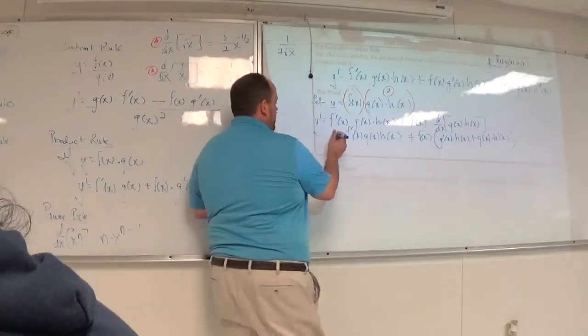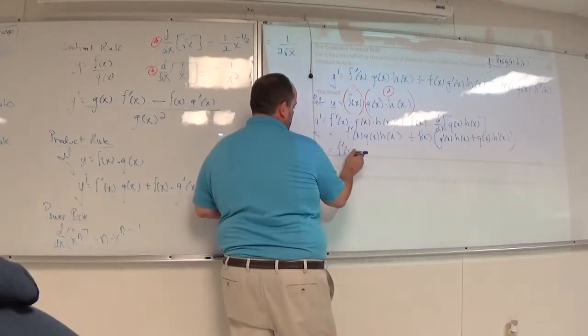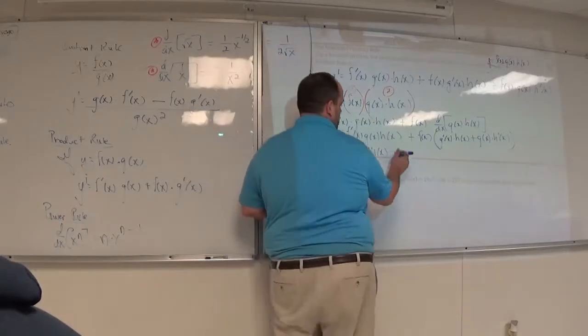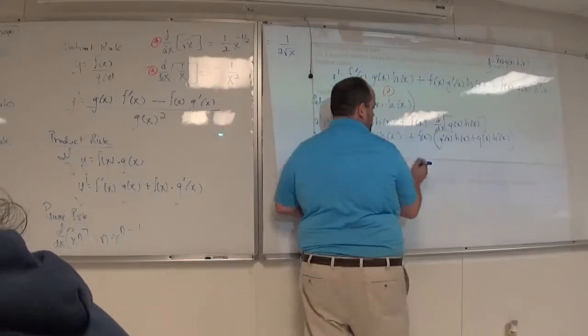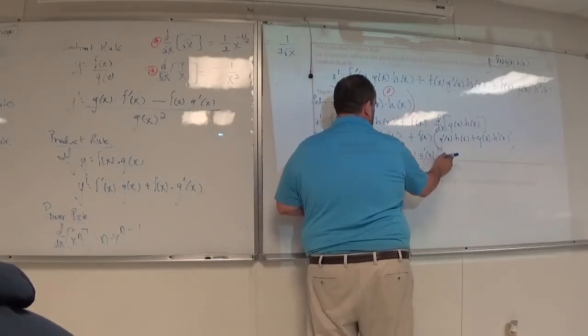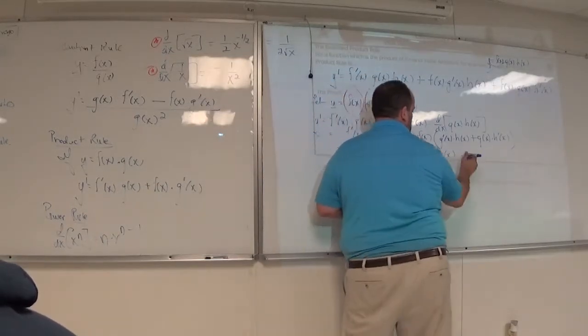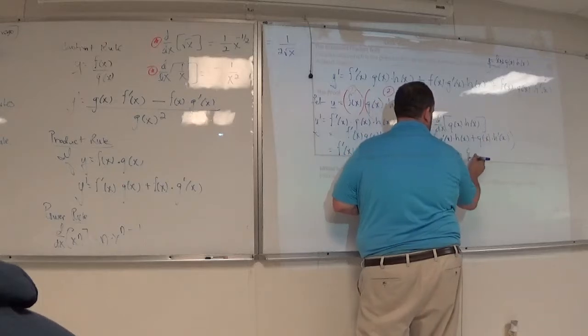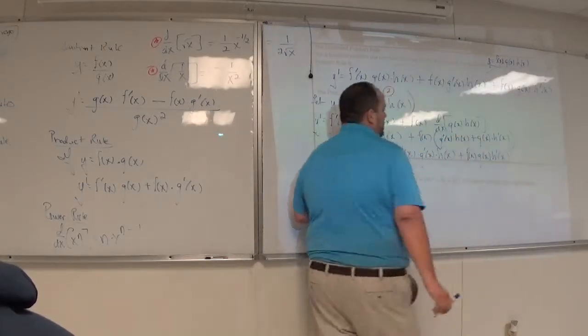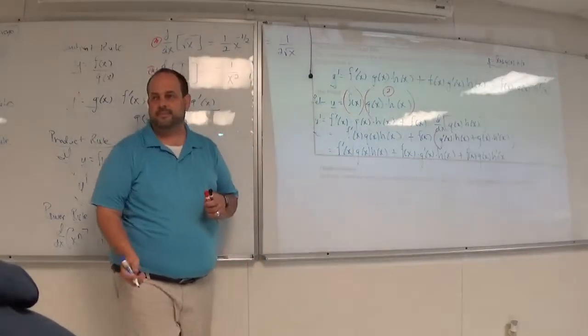Now, let's do a little bit more algebra. I want to clean this up and you'll see it. f prime of x times g of x times h of x plus, I'm going to distribute the f of x through. f of x times g prime times h plus f of x times g of x times h prime of x.